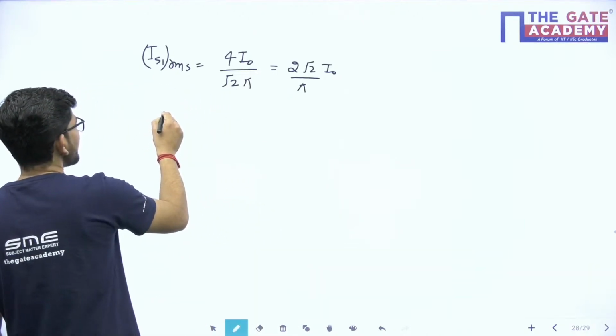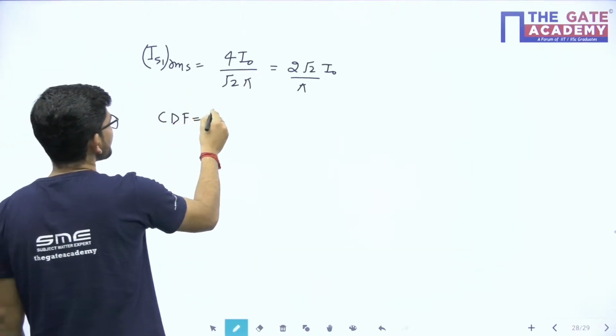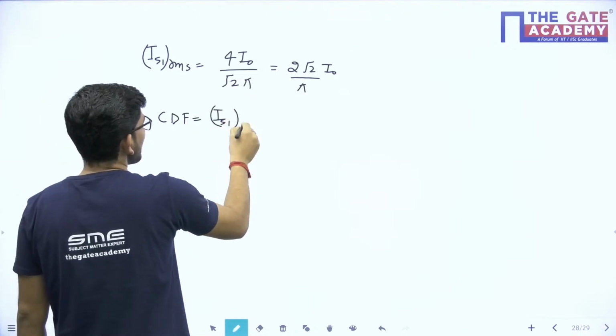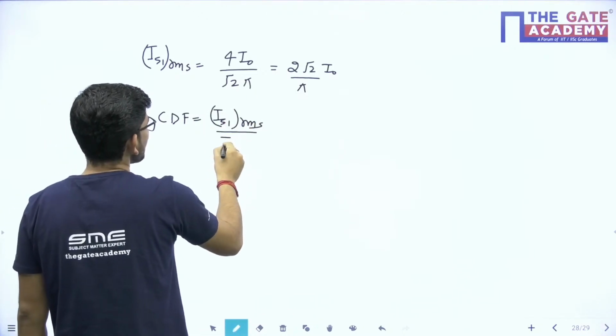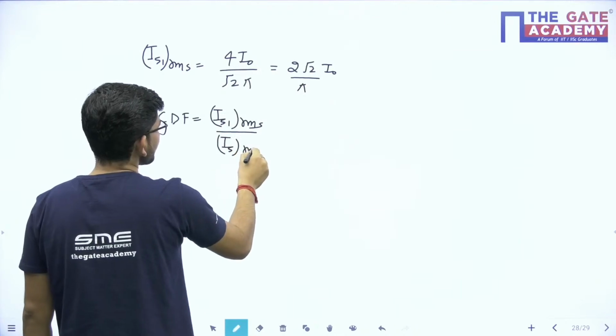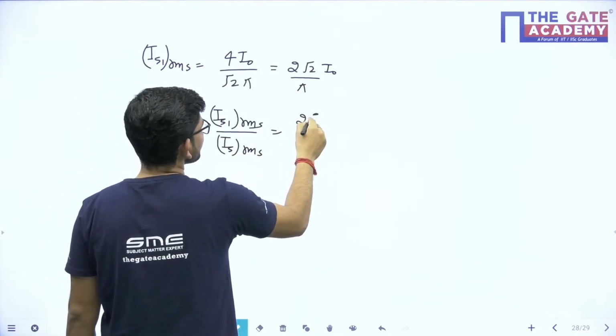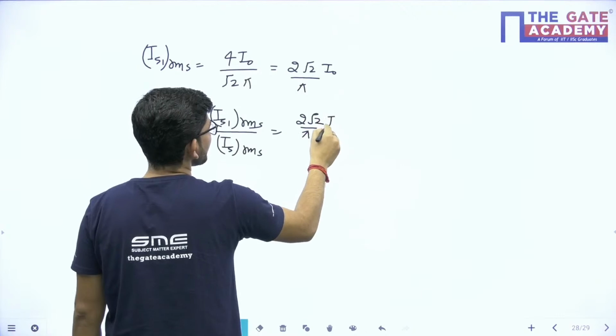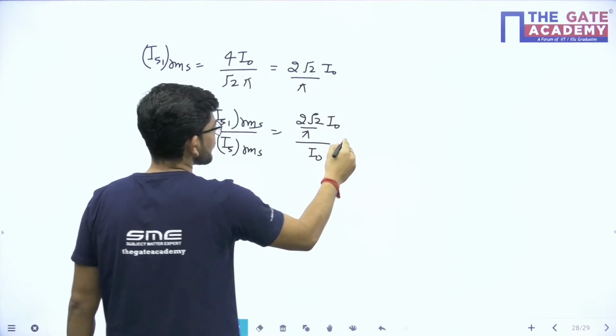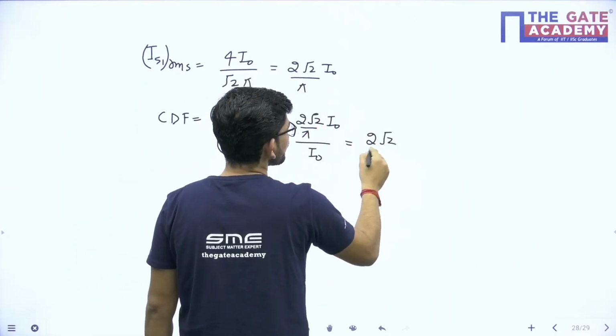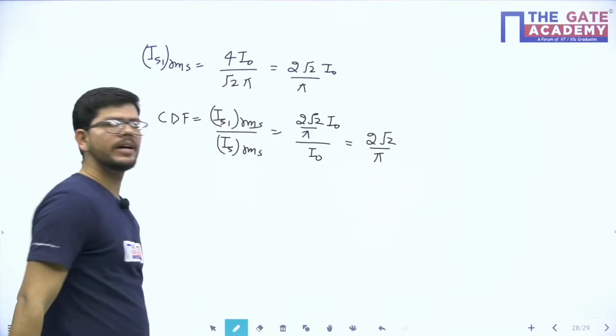And then after that, CDF will be what? CDF is equal to IS1 RMS upon IS RMS, that is the total current. So what will be the value of it? It is equal to 2 root 2 I naught upon pi I naught, which is equal to 2 root 2 upon pi. This is very important.